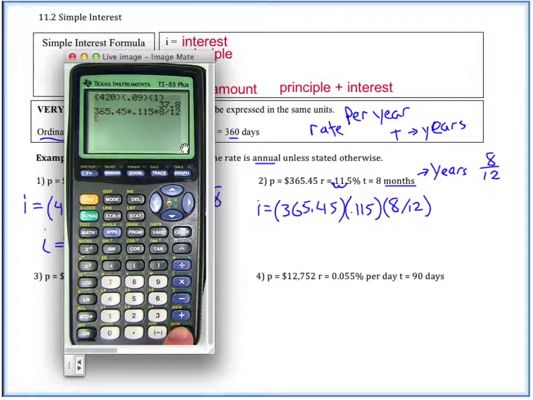And so I'm going to go ahead and hit enter. And you see we get 28.01. We do want to round this to the nearest penny since we're talking about interest. And so to round this, we're going to look at the hundredths place and look next door. And here I see a 7. So that's going to go up. And this is actually 28.02.